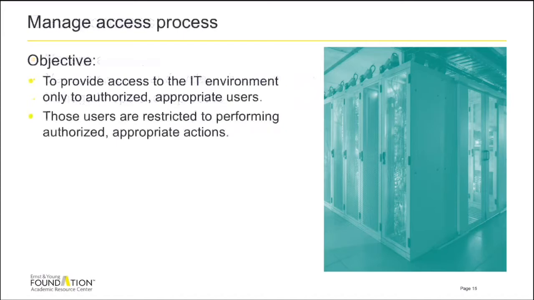Okay, so the first process we have is the managed access process. The objective of this process is to provide access to the IT environment. So this ensures only authorized and appropriate users have access to the IT environment, and those users are restricted to performing authorized and appropriate actions. So for example, we have SAP, which I know you're all familiar with.